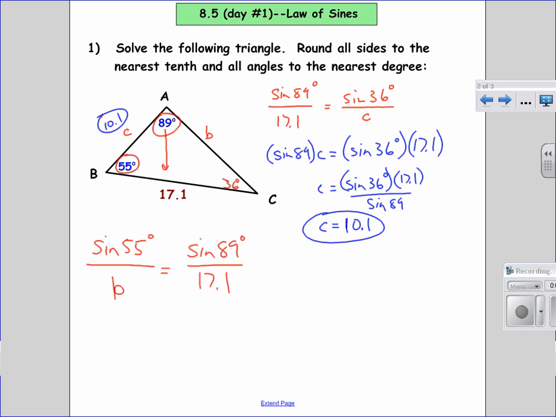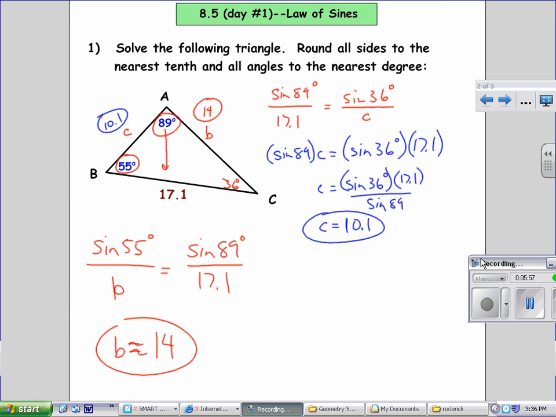Okay, and it's the exact same process here. So B turns out to be 14.00, so approximately 14. But it's the exact same process that you worked in blue there. Cross multiply, divide, and you're done. Okay? Have I solved the triangle? Why, yes, I did. I have all the angles and all the sides.